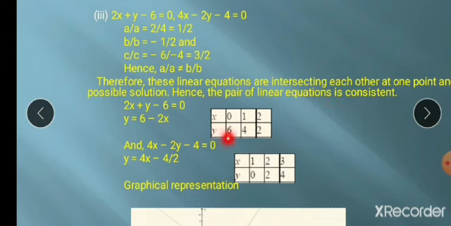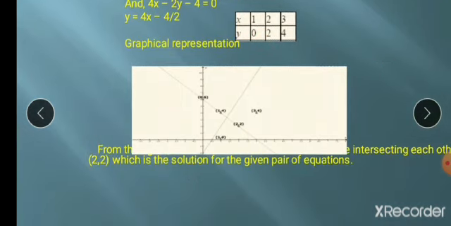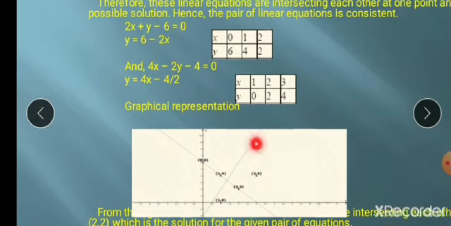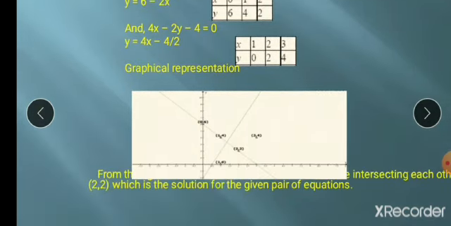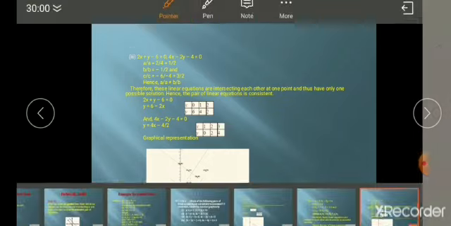You substitute the x value and you will get the y. Plot the points based on that. Both will intersect here. Such lines are called intersecting lines. So from the above graph they are intersecting lines. They are consistent, intersecting each other. It has only one solution.